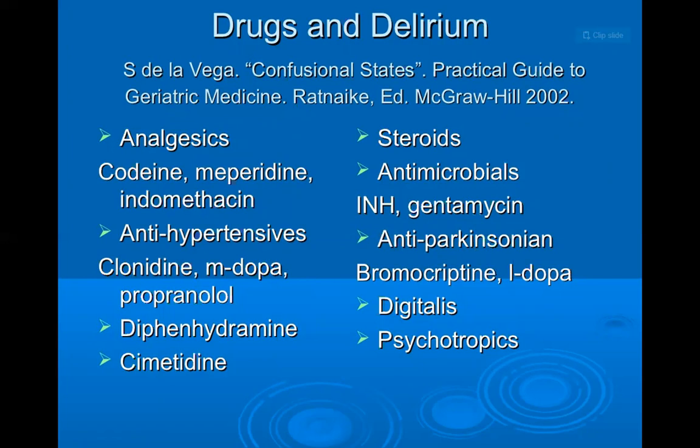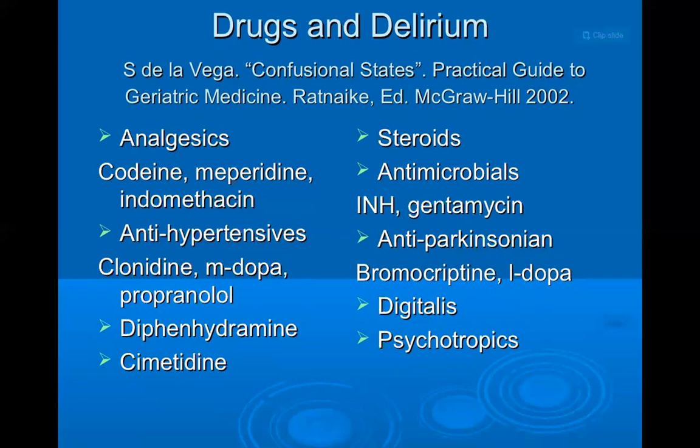Then steroids. If the patient is having any inflammation, we have to give steroids or corticosteroid drugs. Then we have to give antimicrobials like INH or gentamicin if the patient is having any infection. Next are antihypertensives: clonidine, methyldopa or propranolol. Why do we give these antihypertensive drugs?